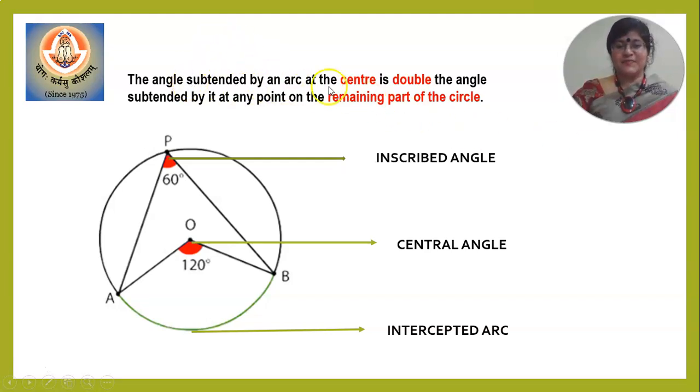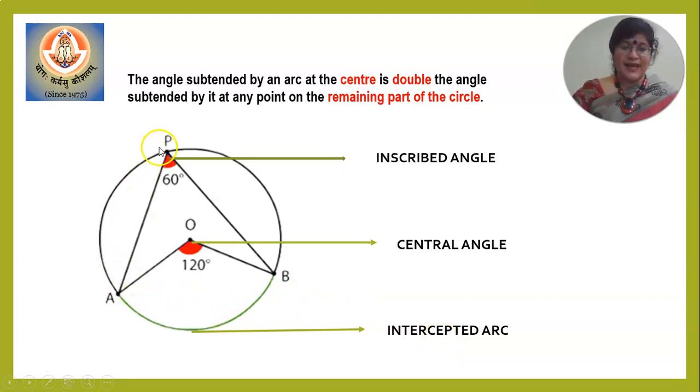The angle subtended by an arc at the center is double the angle subtended by it at any point on the remaining part of the circle. So the meaning is, in this circle, AOB is the central angle, which has the corresponding minor arc AB. I have also written it as the intercepted arc. When does it become the intercepted arc?